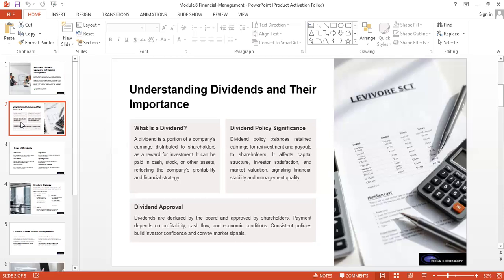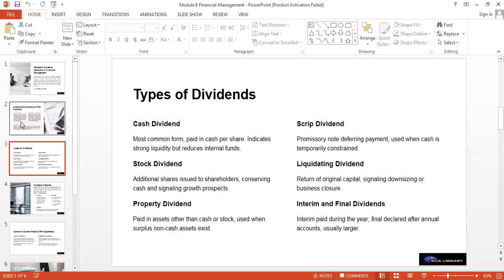Consistent policy builds investors' confidence and conveys market signals. So when there is a consistent policy on dividends, it boosts the confidence of investors to invest in such a firm or business.